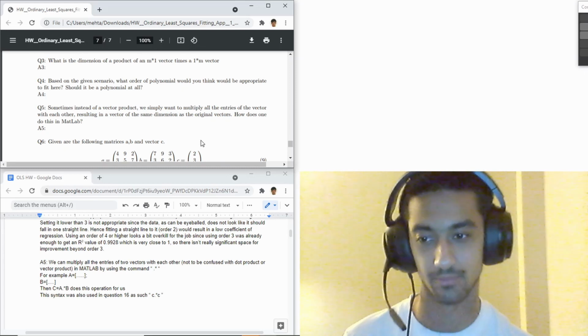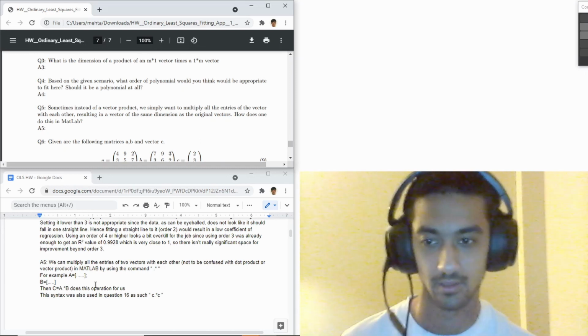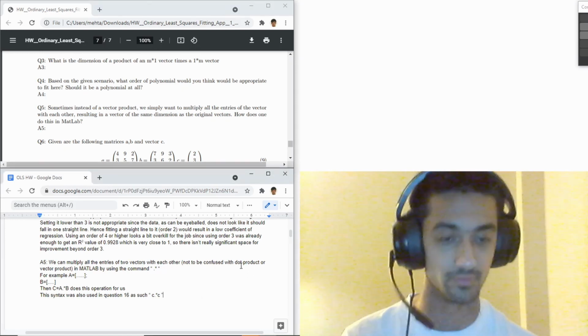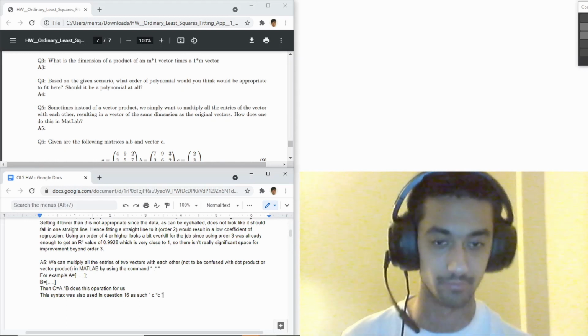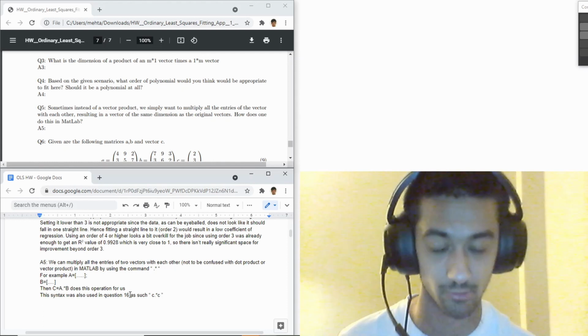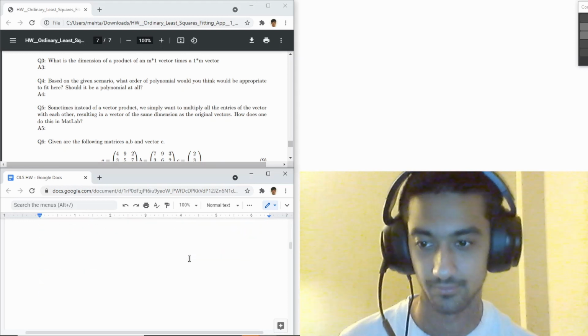And if you do, for example, have matrices A and B, and you want to find C being not the dot product, but multiplying the entries of the two vectors with each other individually, you do A dot star B. And that is actually used in question 16, as we're about to see in a little bit. And that's how it's done.